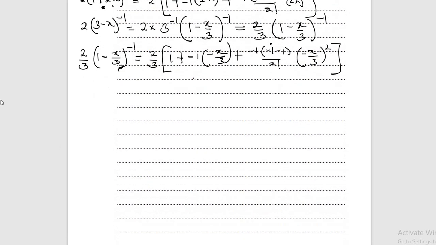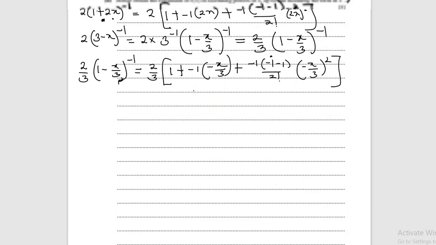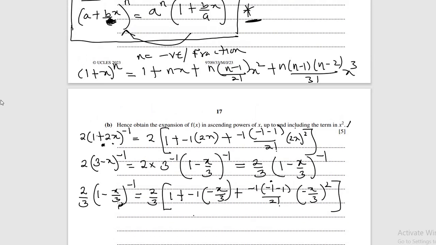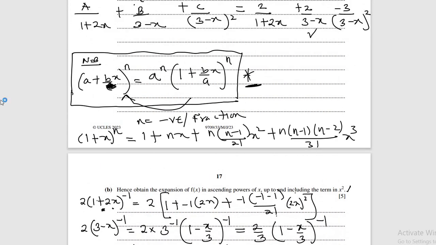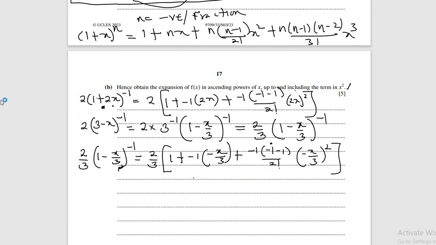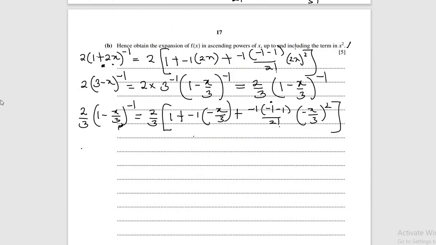So the last one, minus 3 over (3 minus x) squared, can be written as minus 3 into brackets (3 minus x) to the power of minus 2. You follow this pattern, this format here.